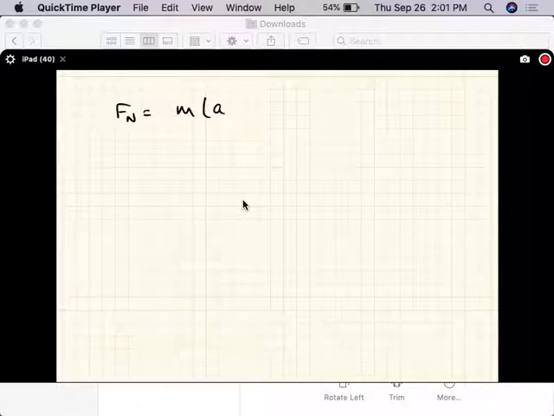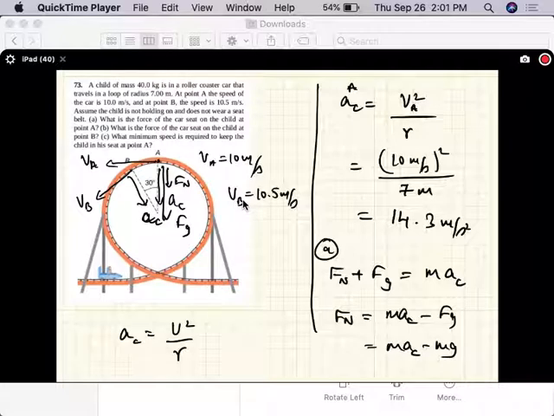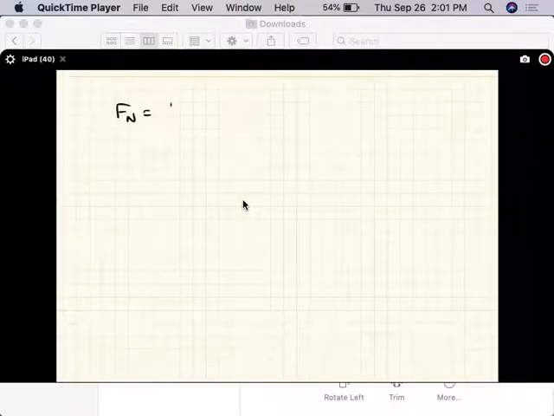I'll write down the numbers: the mass of the child is 40 kg, the centripetal acceleration is 14.3.